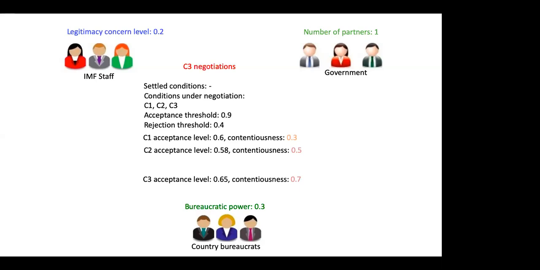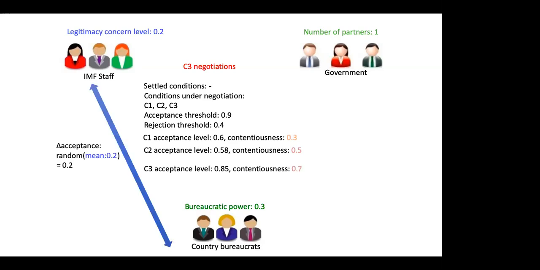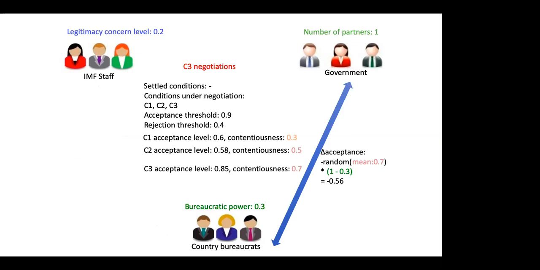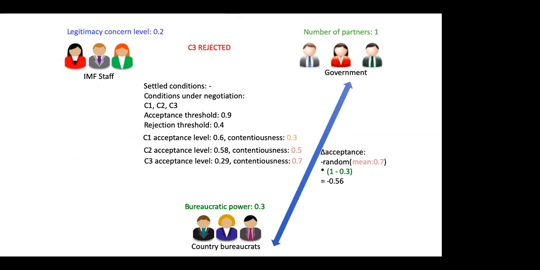Then C3 is negotiated next. The acceptance level increases by 0.2 first, and then decreases by 0.56 due to a higher degree of contentiousness, and then it reaches 0.29, which results in its rejection. And now we have C3 in the list of settled conditions.